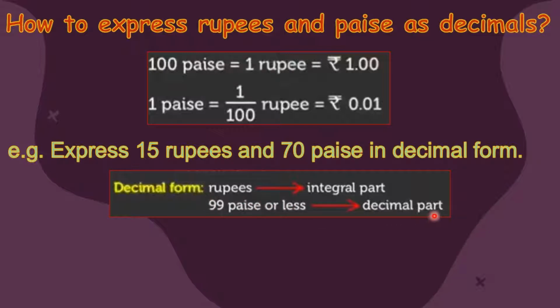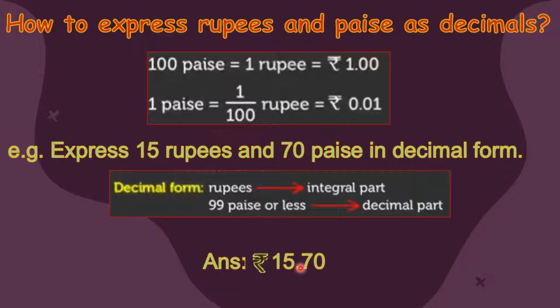So here we write 15 rupees, that is 15, as the integral part, before the decimal, and after the decimal point we write the decimal part, that is the paise. Here we have 70 paise, so we write 70 after the decimal point.